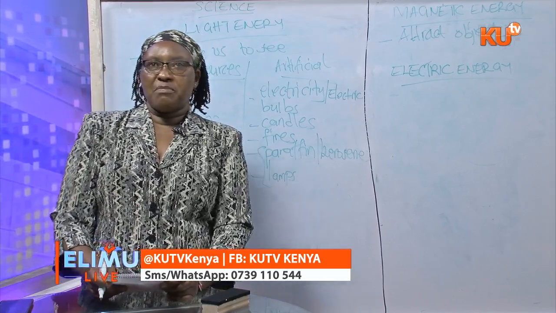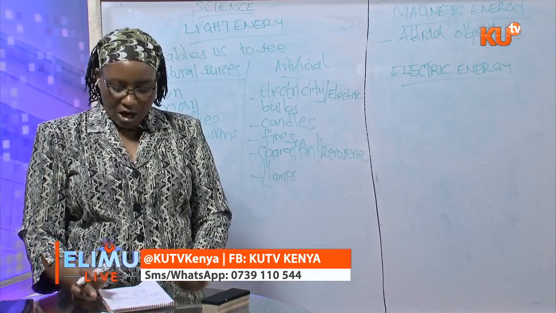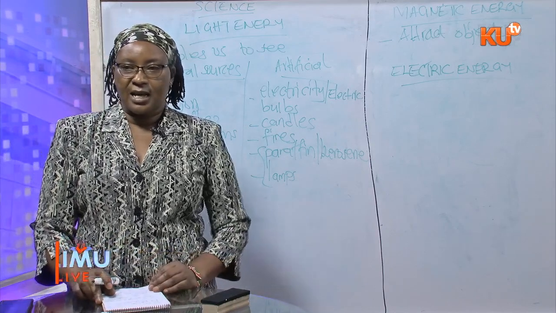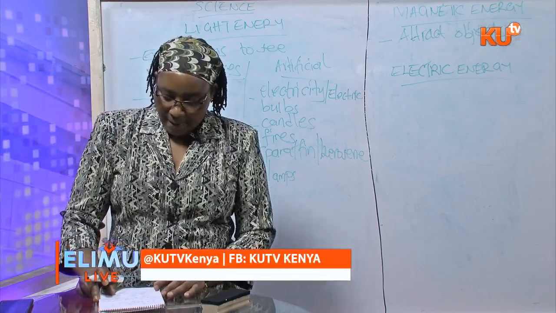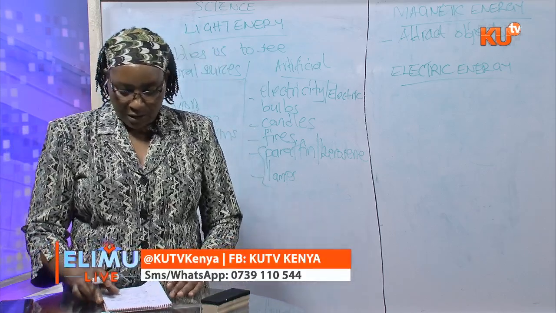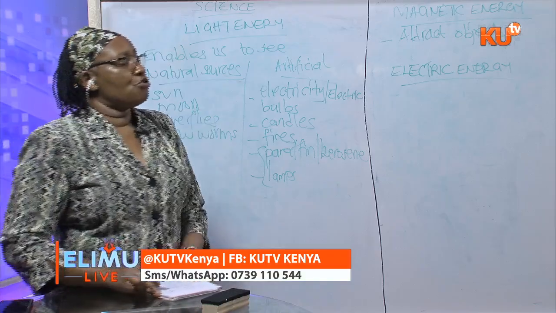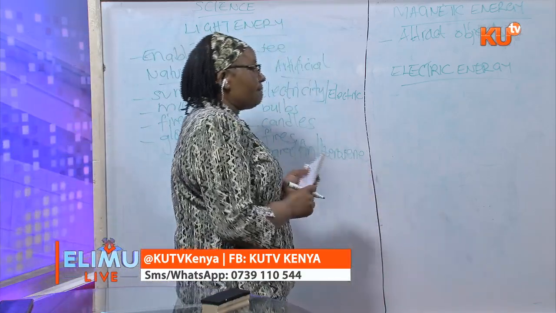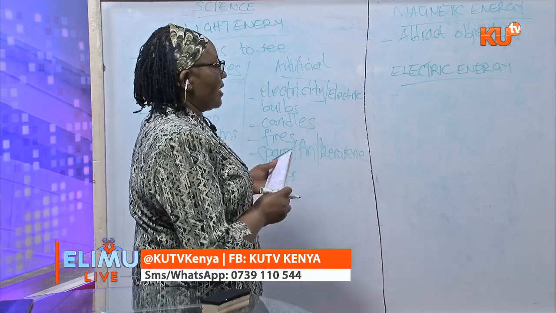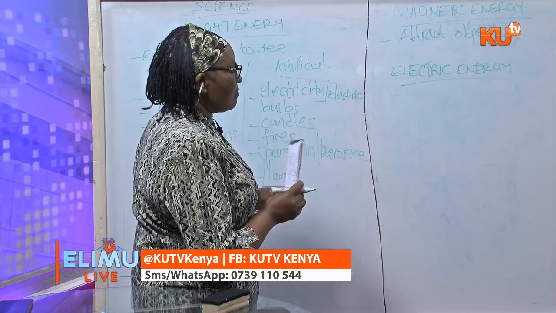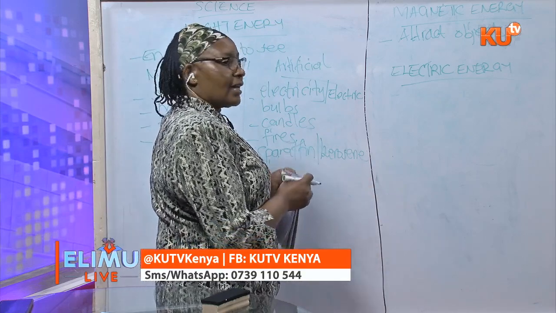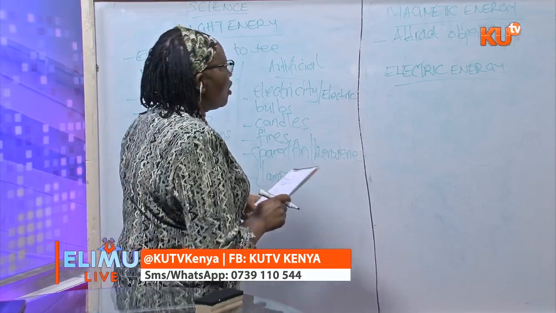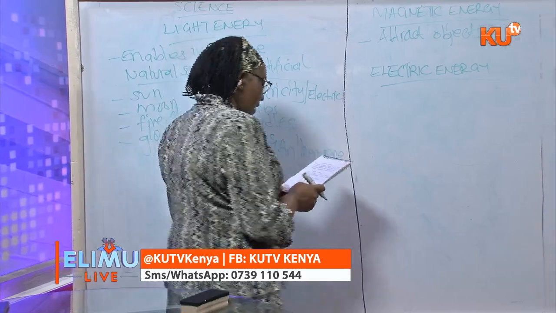We also use it maybe in our electric irons, and in other gadgets like the phone. So that is how it is used. And as I had mentioned earlier, it is created at one place in dams and used at another place. That is why it is energy in motion, or a form of kinetic energy.